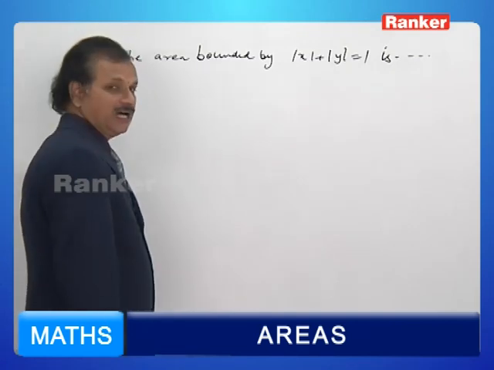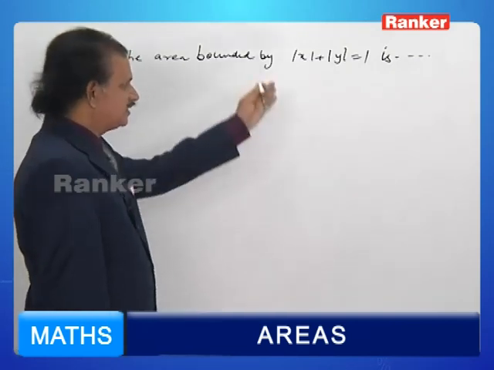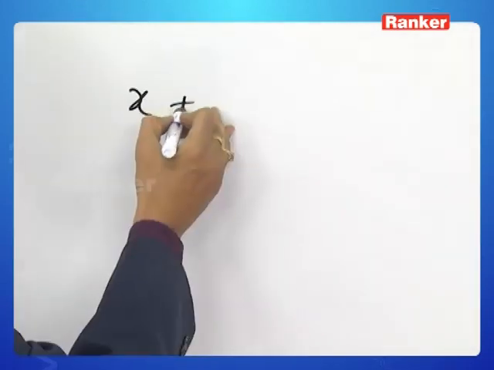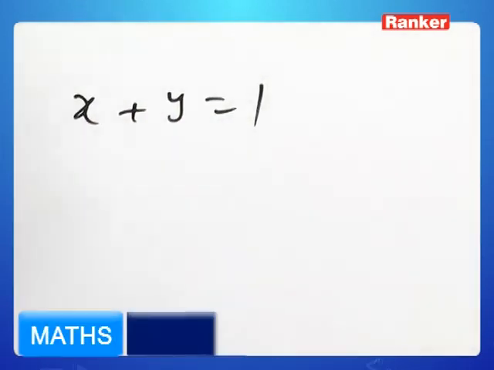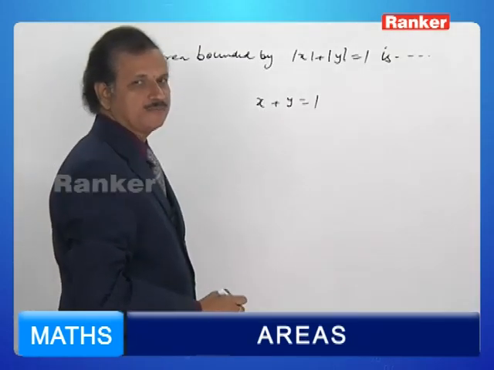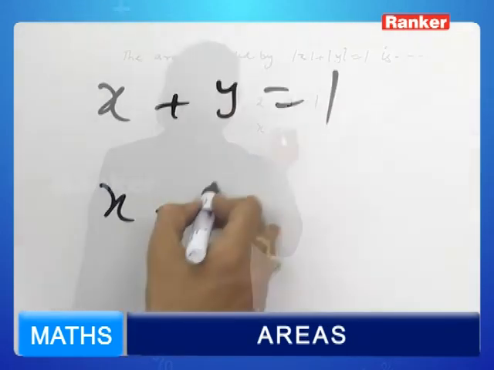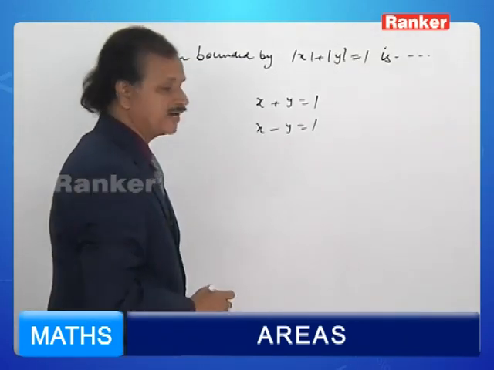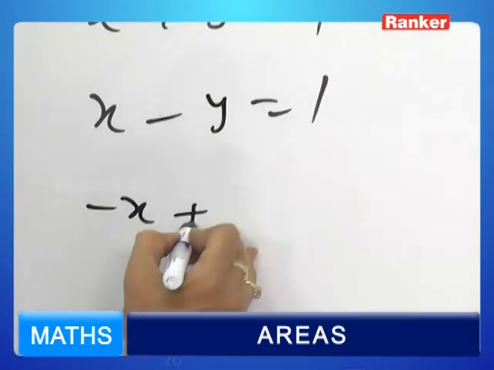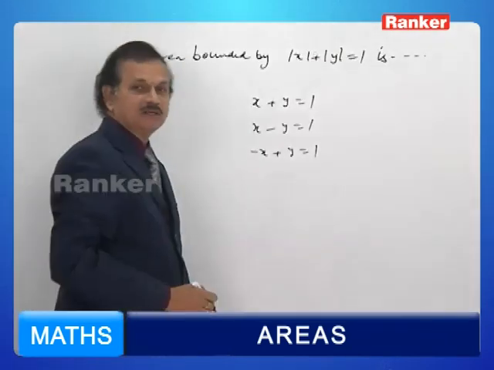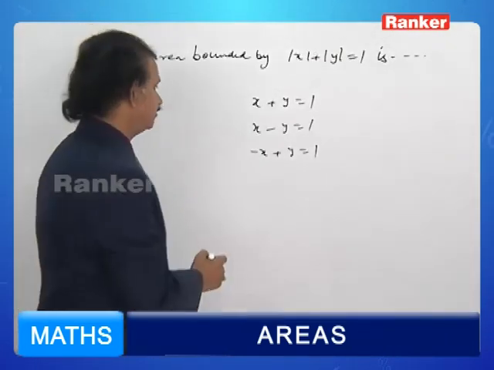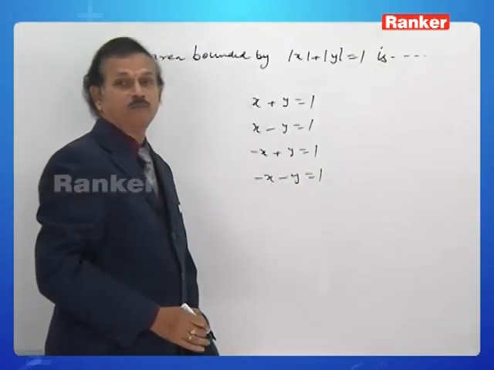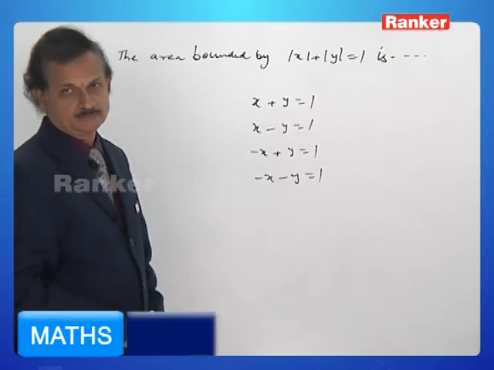So by observing all the possible cases of x and y, this equation can be written as x plus y is equal to 1 if both x and y are positive. X minus y is equal to 1 if x is positive and y is negative. Minus x plus y is equal to 1 if x is negative and y is positive. Minus x minus y is equal to 1 if both x and y are negative.